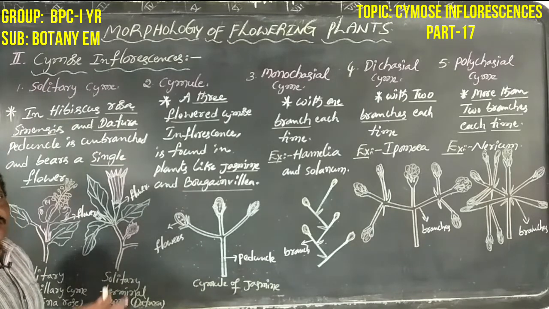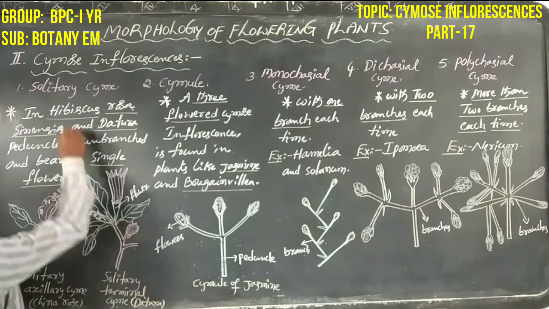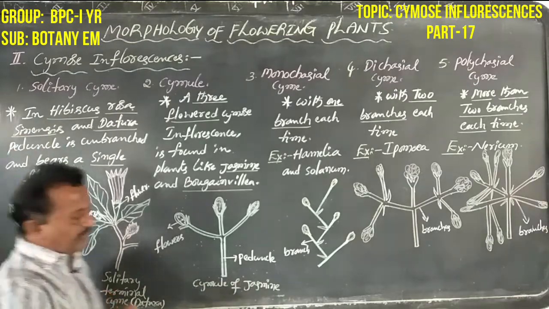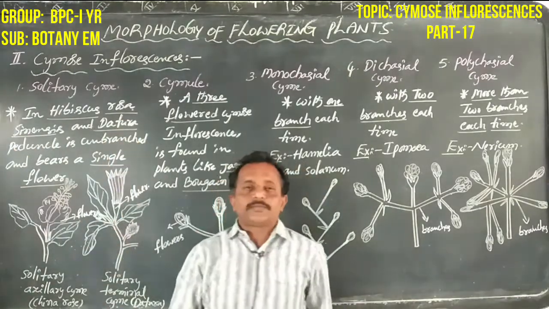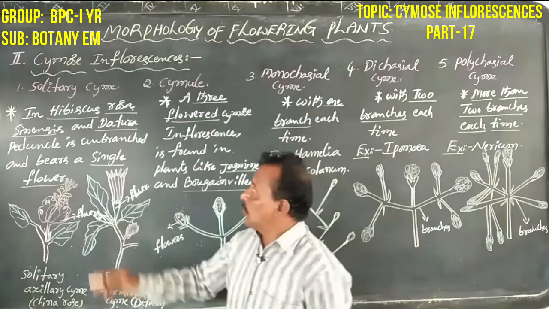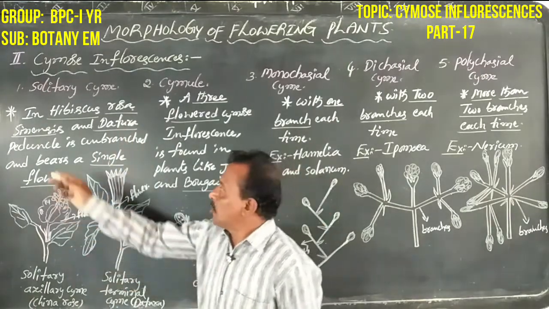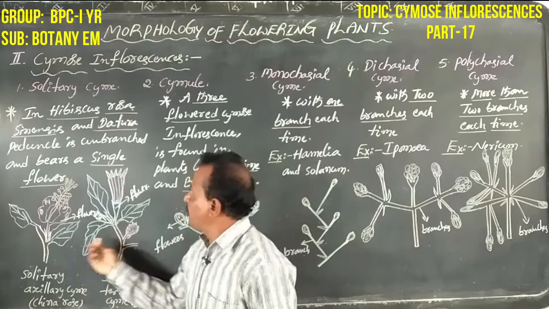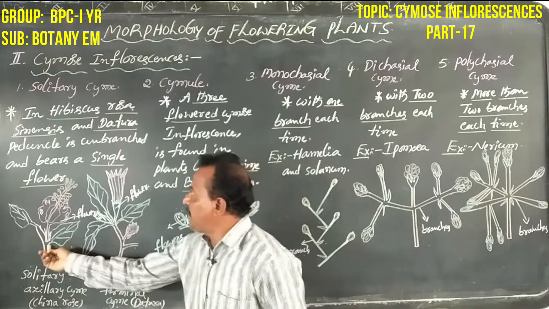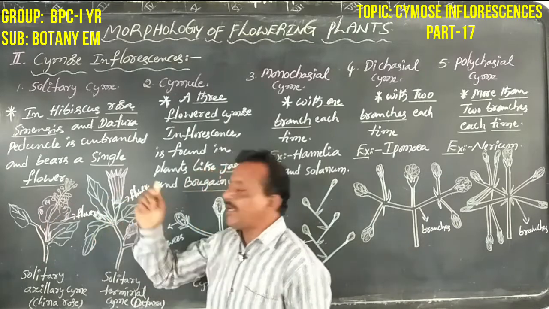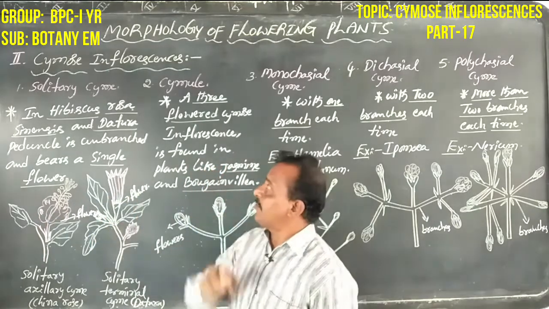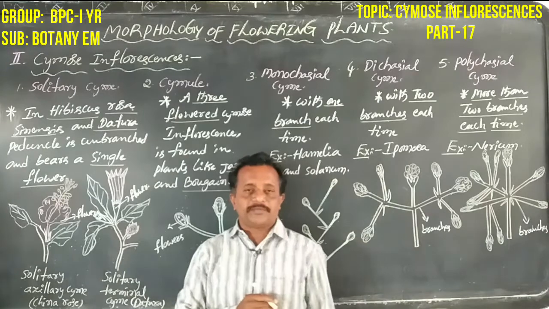This solitary cyme is seen in Hibiscus rosa-sinensis, that is China rose, and Datura, thorn apple. The peduncle is unbranched and bears a single flower. That is known as a solitary cyme.